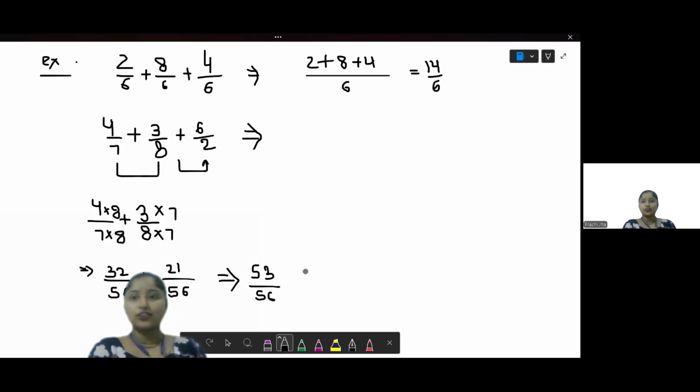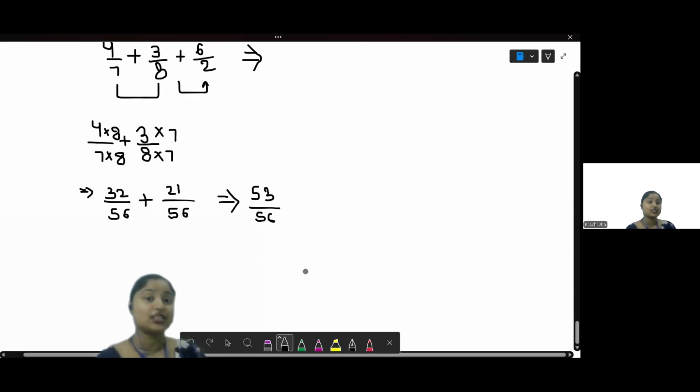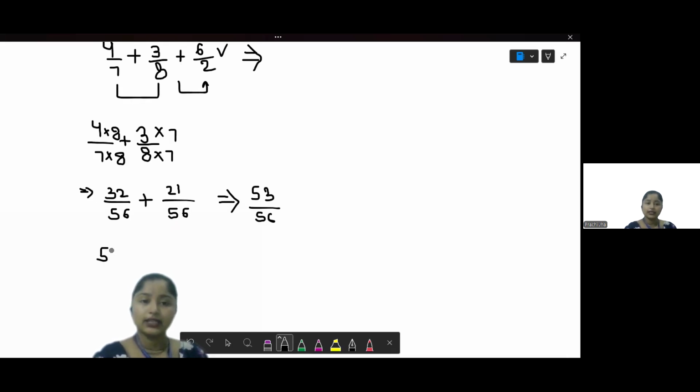Now, don't stop the process over here because one fraction is still left. So now think that we have two fractions, that is 53 over 56 and 6 over 2. We just need to add them. We need to make the denominator the same.